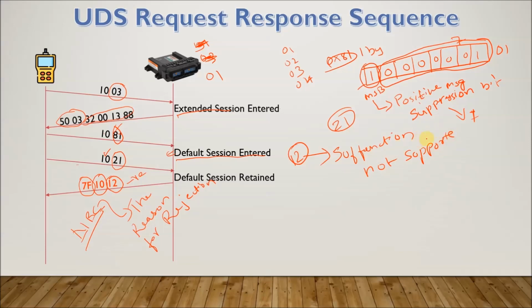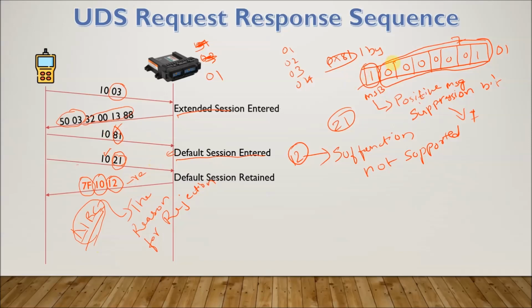So when you see this NRC in the negative response, it helps the tester to understand what was wrong, that this request is rejected. So it will come to know that 21 is not supported. Okay, so that's where we come into the picture of negative response.